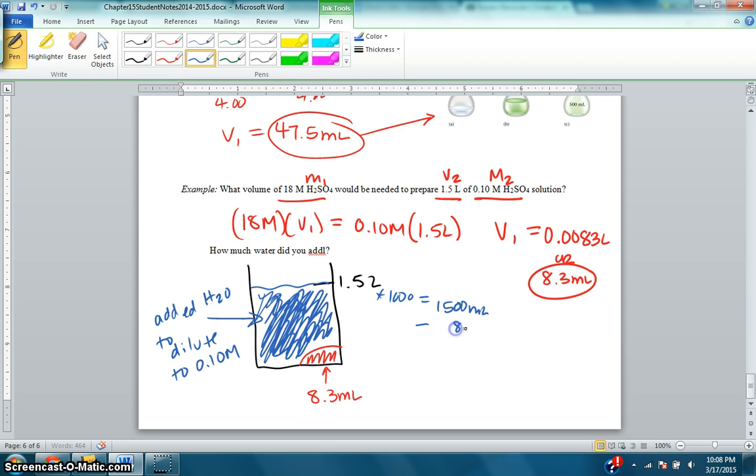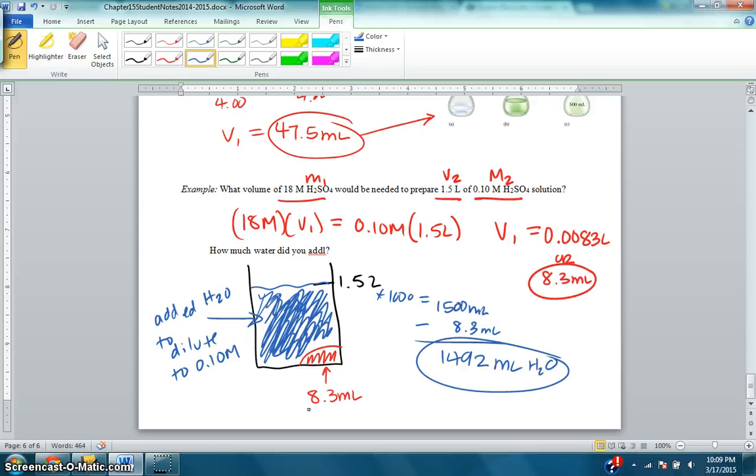I'm going to subtract the 8.3 milliliters, and that gets me roughly, rounding to proper sig figs, 1,492 milliliters of water that I added. So we can see that this solution is mostly water and just a little bit of our stock solution.